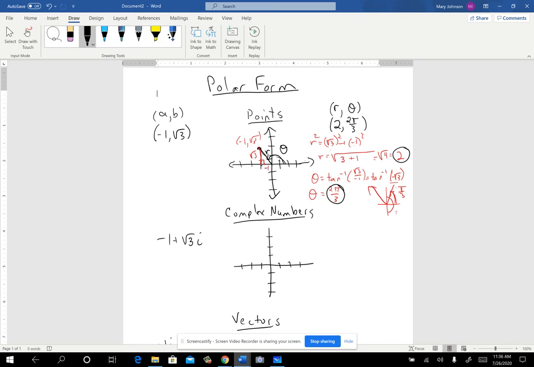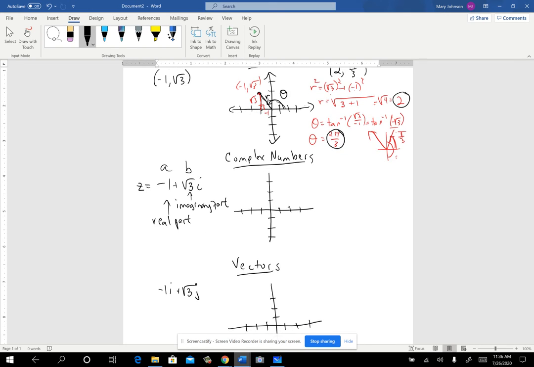All right, now with complex numbers, sometimes they're indicated using a Z. It's like you have an A and a B here. The A is the real part, and the B here is the imaginary part. You can't graph these in a regular rectangular coordinate plane because of that imaginary part.